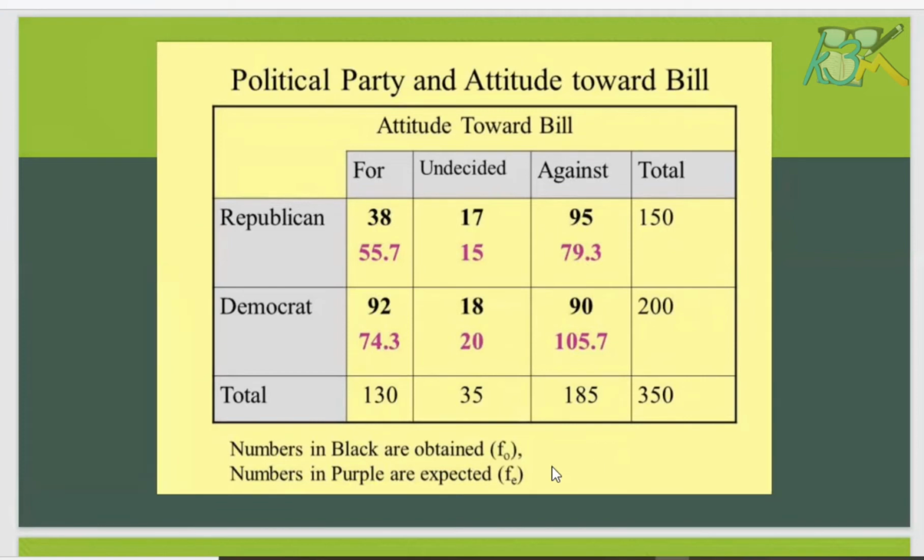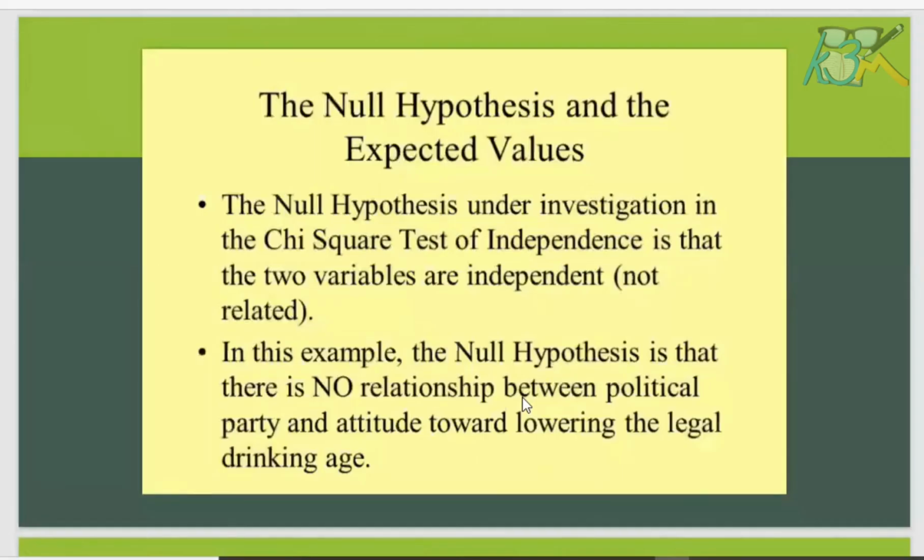So, next. So, note ha. F sub 0, ito yung frequency obtained. Tapos yung F sub E is the frequency expected. Then ito, yung null hypothesis. So the null hypothesis under investigation in the chi-square test of independence is that the two variables are independent. So not related.